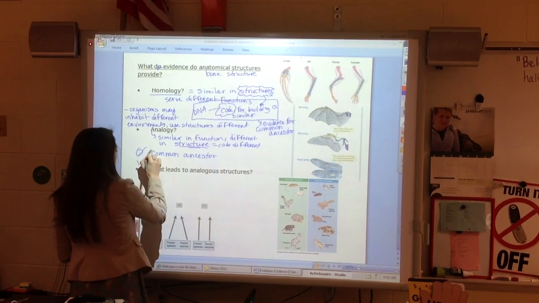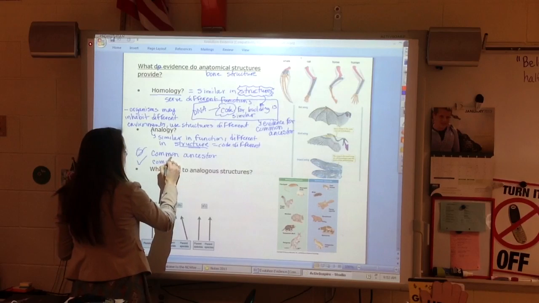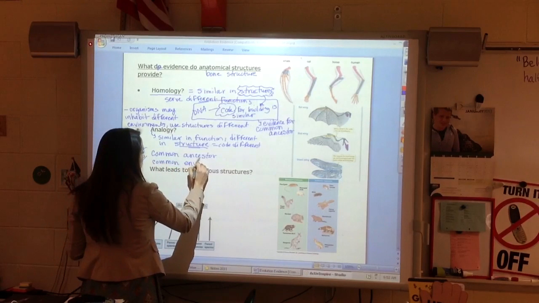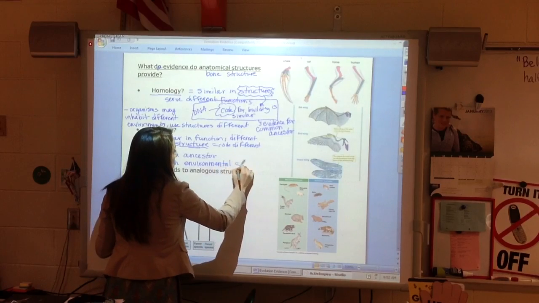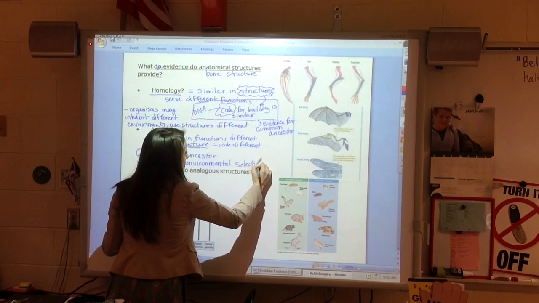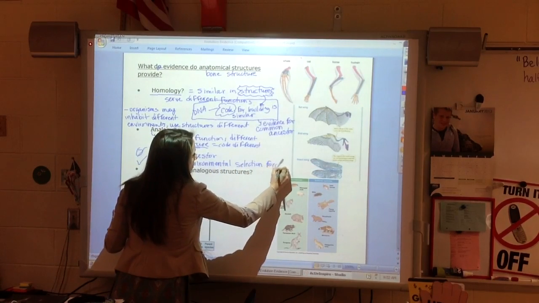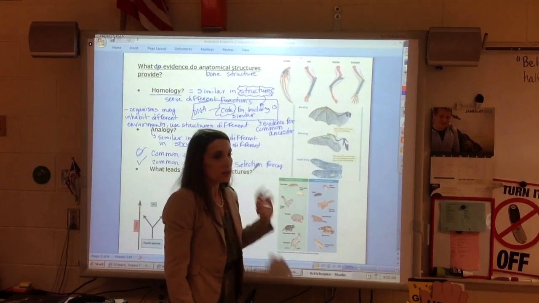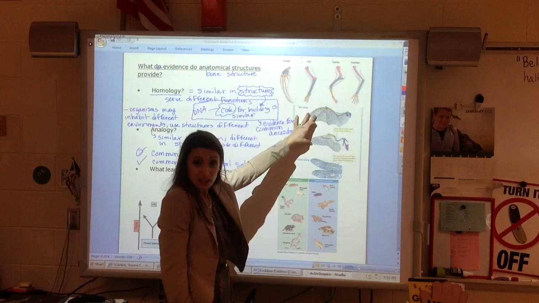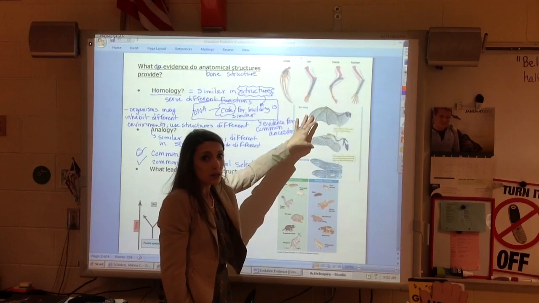It does mean that they had common environmental selection forces. So when I look at this example again, the bat and the bird and the insect, the bat and the bird would share a more recent common ancestor.